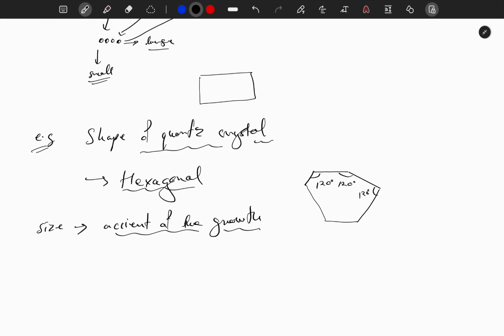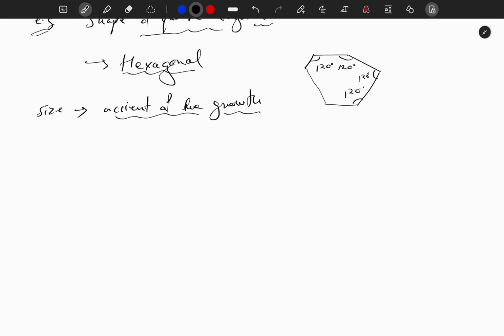But the angles are all 120 degrees, and these angles are a true representation of the internal geometry of the crystal. So every crystal of quartz has a different shape, even though the angle between the corresponding faces is always the same, that is 120 degrees.